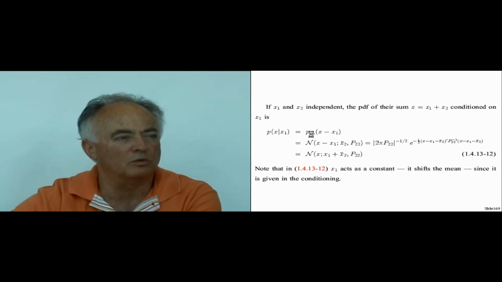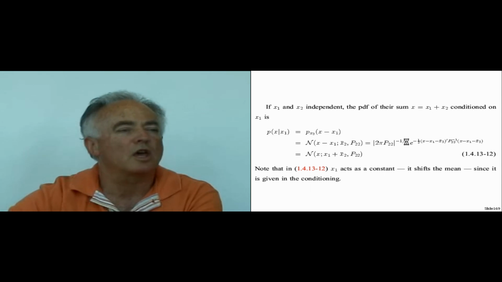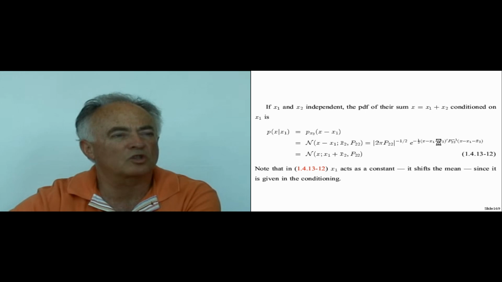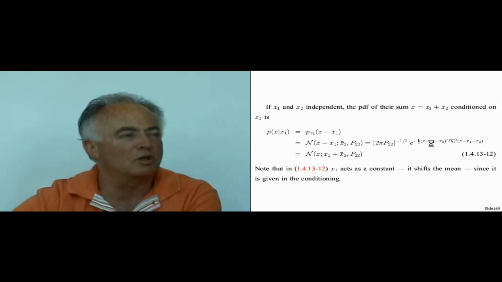The covariance is P22. So we can write it as 2 pi P22 determinant to the power minus half, and the exponential of minus half this quadratic form, which is x minus x1 minus x2 bar. And again, as before, we can take this constant and lump it into the mean. Take it away from the argument, put it into the mean. So we end up with a Gaussian. Now the argument is plain x.